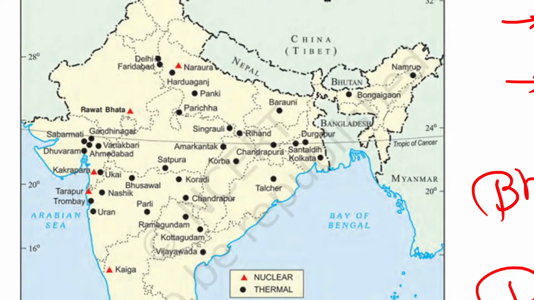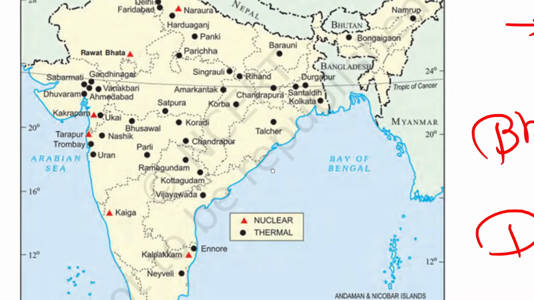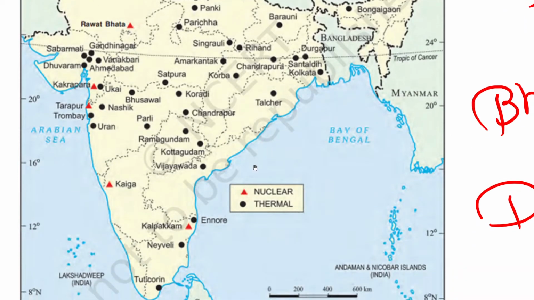Then southern part like Ramagundam, Kothagudem, Vijayawada, and Tuticorin. So these are the thermal power plants.